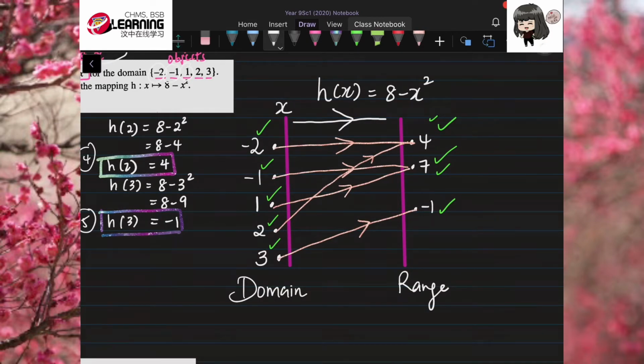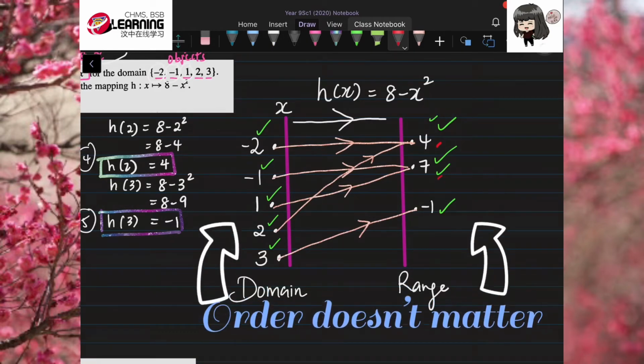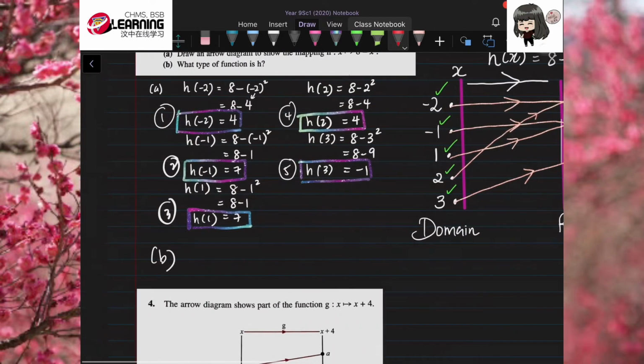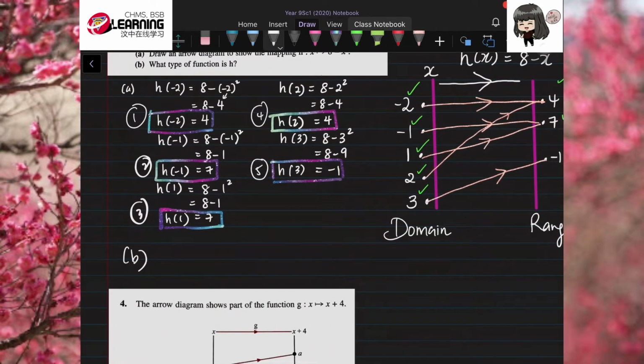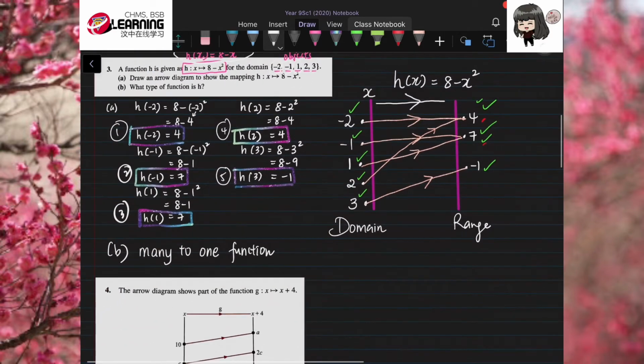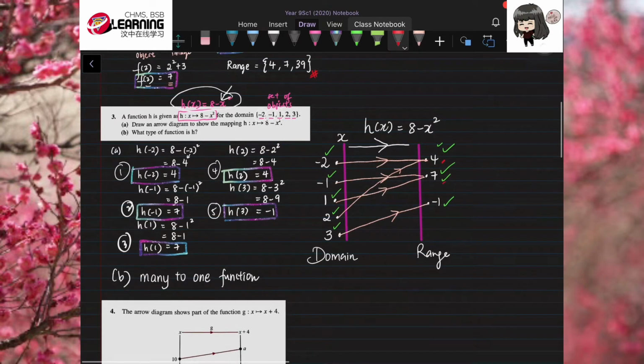We can see that these outputs here, for example 7, come from multiple inputs. So we can note that this is called a many to 1 function. It's a function, we can write it as a function. This type of relation or this type of function is a many to 1 function.